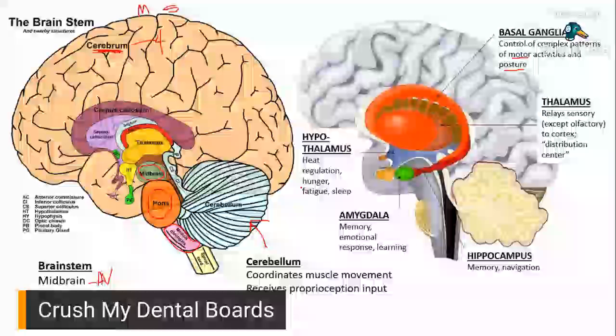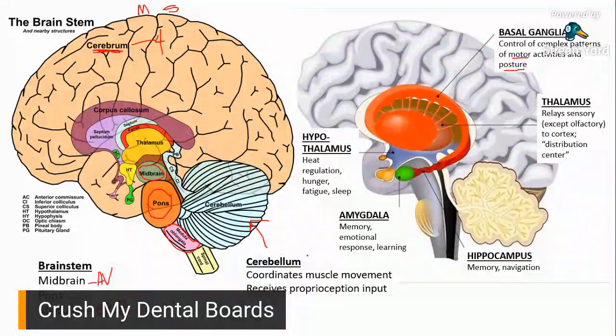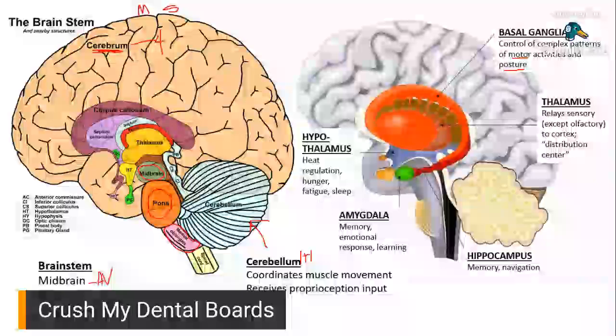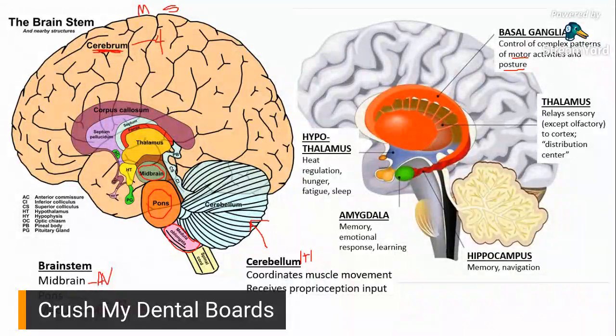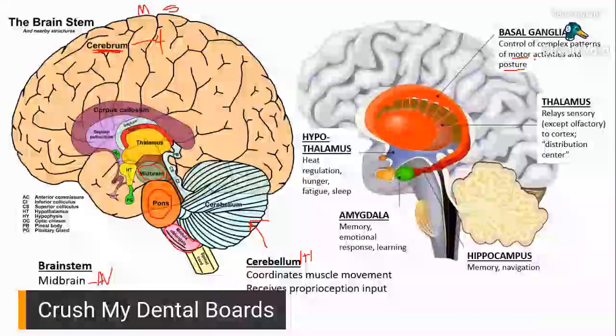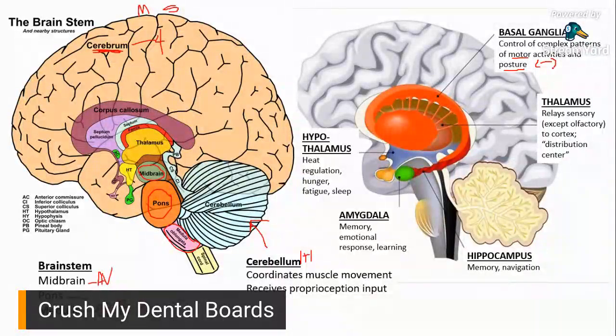Saan natin narinig yung posture kanina? Sa cerebellum. I said earlier, cerebellum is excitatory in nature. While the basal ganglia, it controls complex patterns of motor activities and posture. Okay, it is inhibitory in nature.